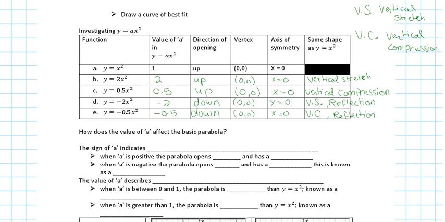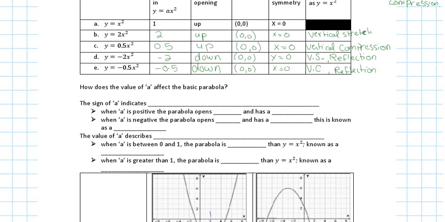Now, how does the value of A affect the basic parabola? This is where we're going to write what we learned. The sign of A indicates the direction of opening of the parabola.